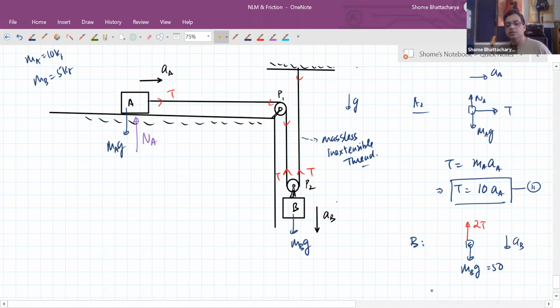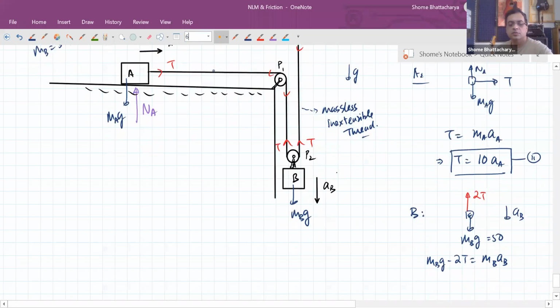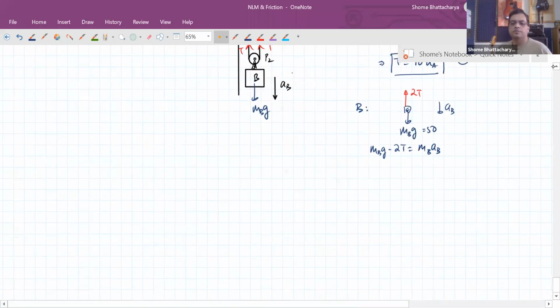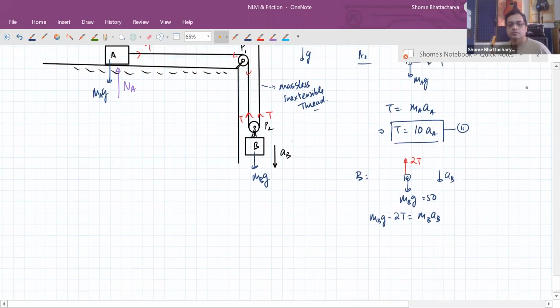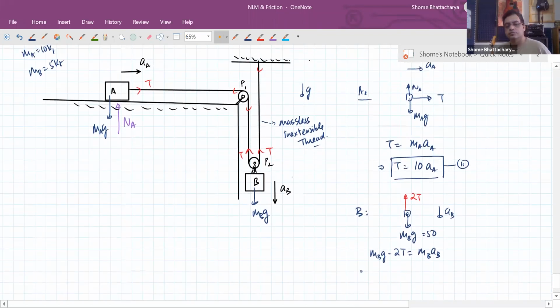So for B, we'll have the equation weight minus 2T is equal to mass into acceleration. This equation now becomes 50 minus 2T is equal to 5 a_B. So this is our third equation.